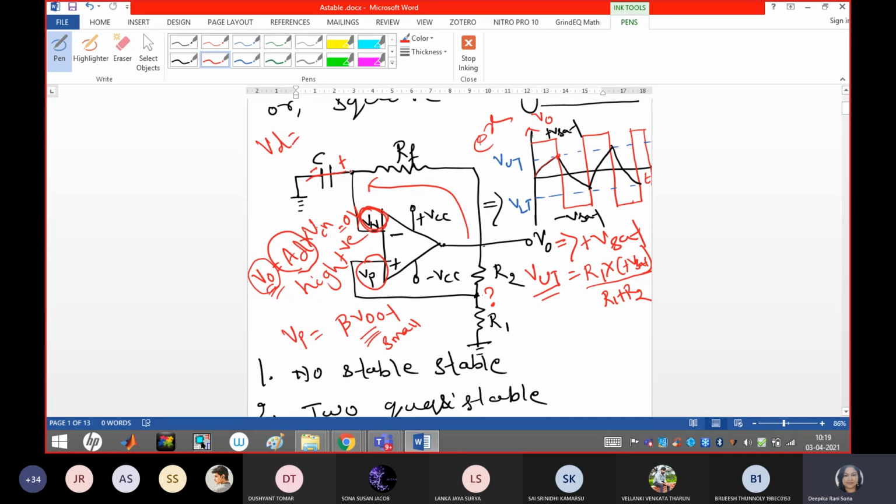So what will happen, guys, once the capacitor has reached the Vsaturation level? Because of that it will start discharging, and it will discharge up to the zero axis. Okay, now this is the discharging voltage, up to this point.